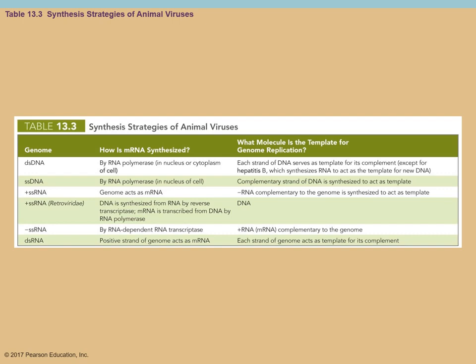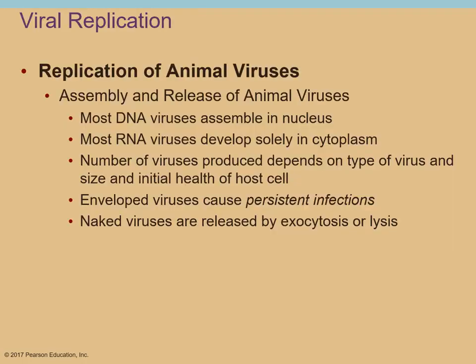Then they, because they have an enzyme called reverse transcriptase, which can use RNA as a template to make your DNA, now you're going to use your DNA to make the RNA that you needed. So this shows in this table the different things that you have as far as double-stranded DNA, single-stranded DNA, and then your RNA, single-stranded and double-stranded, and the different characteristics with it.